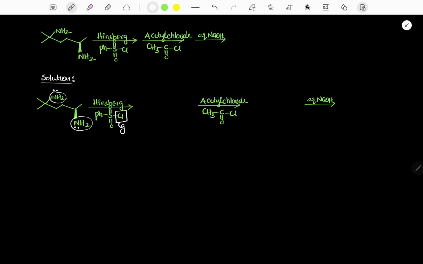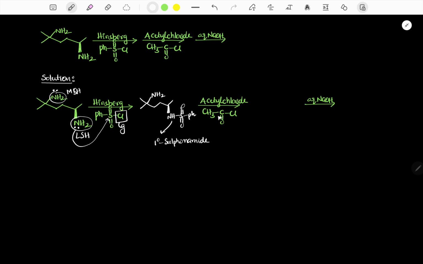So here, less sterically hindered and more sterically hindered; the less sterically hindered nucleophile attacks, and the corresponding primary sulfonamide will form, NHSO2Ph. So this part is the primary sulfonamide.